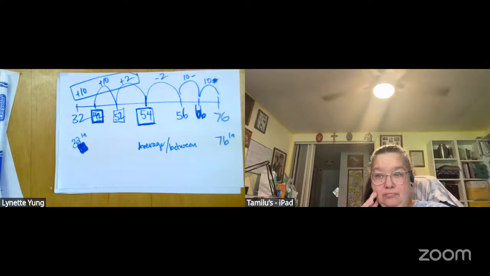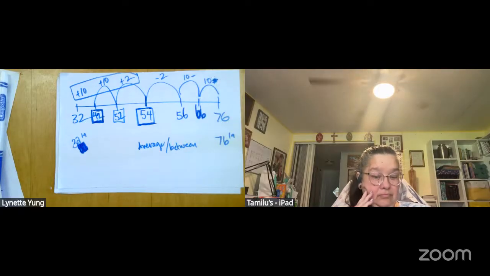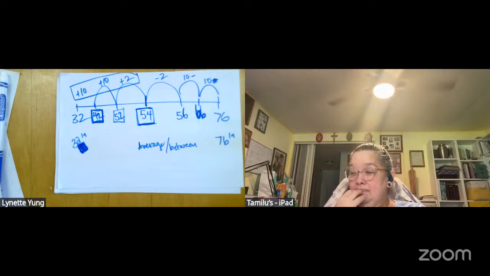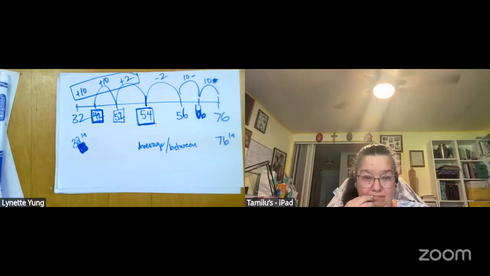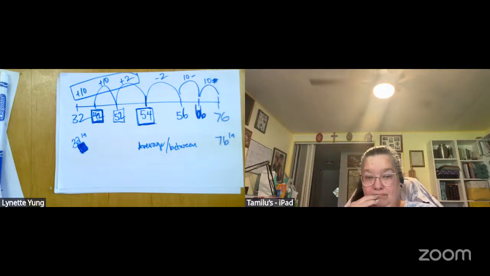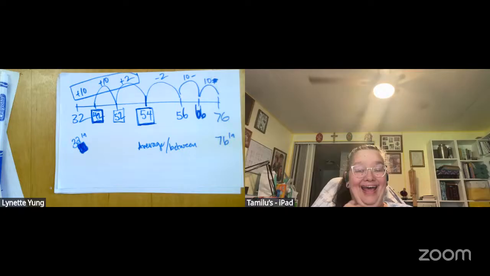Then they have the distance between 2 numbers by counting up on the number line. We say that 70 is halfway between 58 and 82. Then they have a game, Number Line Conquest.